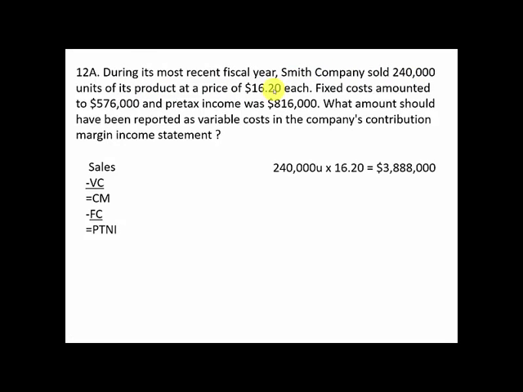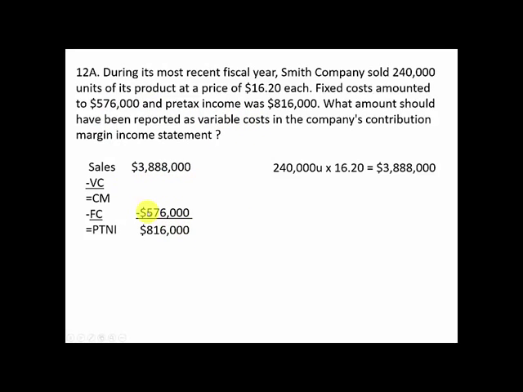So that's going to be total sales of $3,888,000. Next, we put our fixed cost down. It says fixed cost amounted to $576,000. Okay, got that. And pre-tax income was $816,000, so it goes down here. Now, remember, we're looking for the reported variable cost.